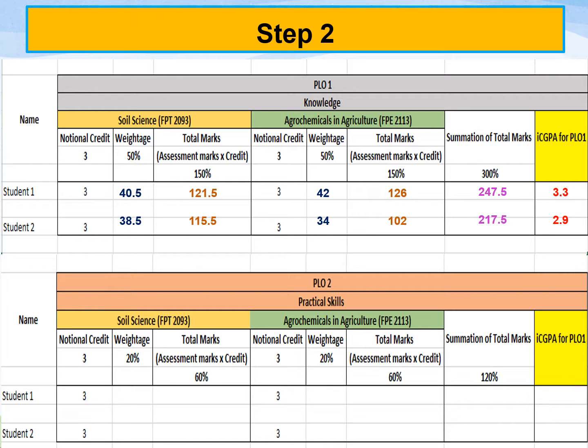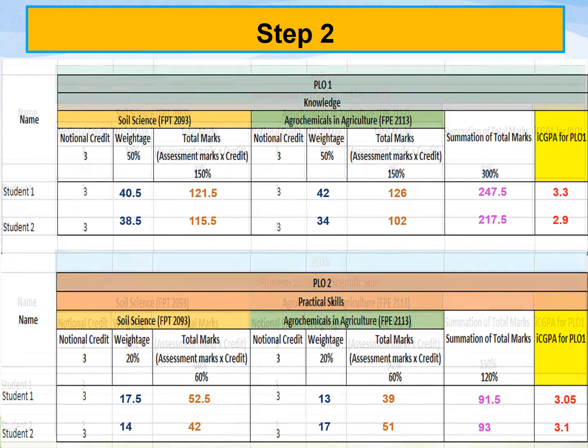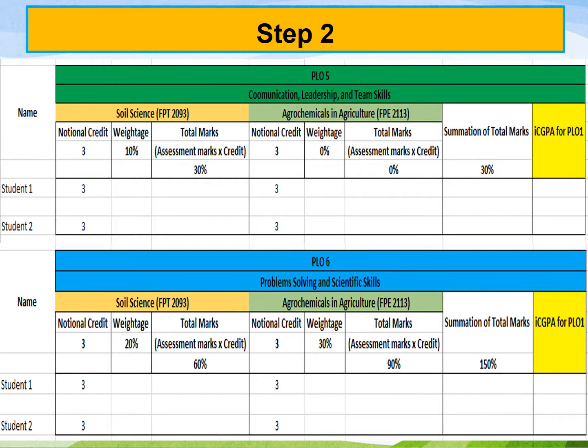For PLO number 2, we follow the same calculation as mentioned just now. For PLO number 5, it is not mapped under agrochemicals in agriculture, so we do not have to perform any calculation.